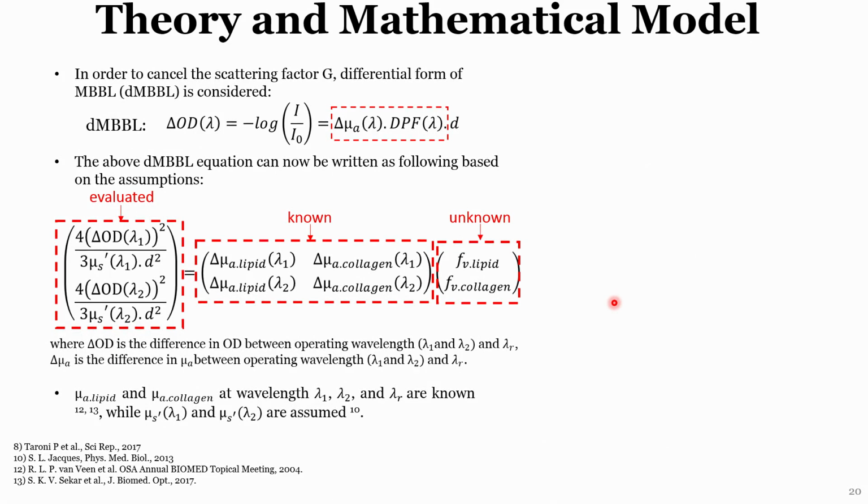In the next session we will learn more about this technique. We will see the actual images of diffuse optical imaging, see which part is normal, and how we can differentiate cancer.